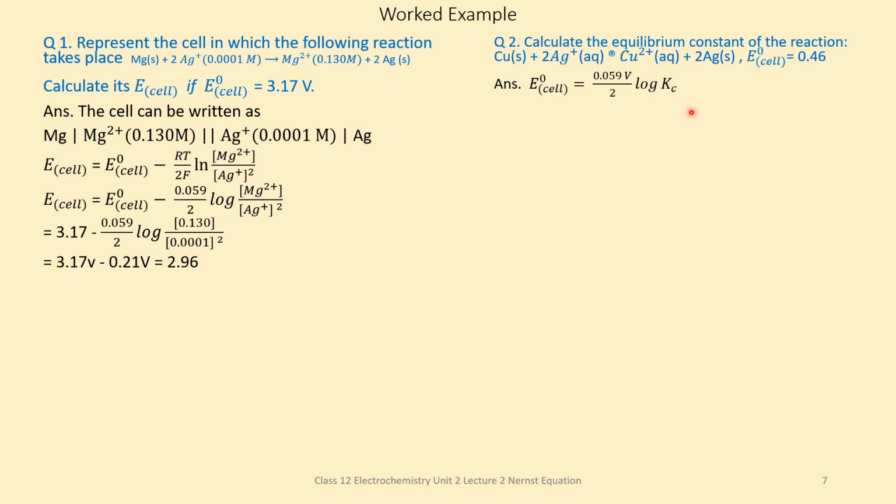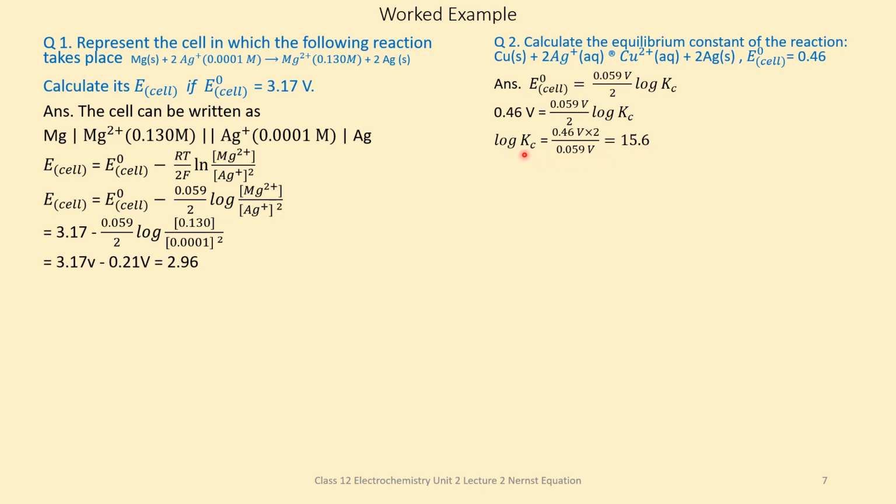So E0 of cell is given as 0.46 volts equals 0.059 volts divided by 2 into log of Kc. So log of Kc is equal to 2 into 0.46 volts divided by 0.059 volts. Simplifying, we get the value as 15.6. Log of Kc is equal to 15.6.